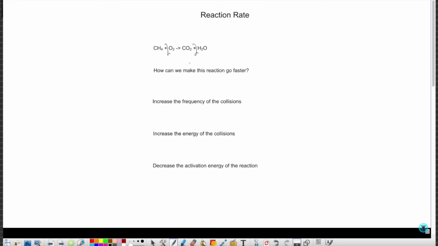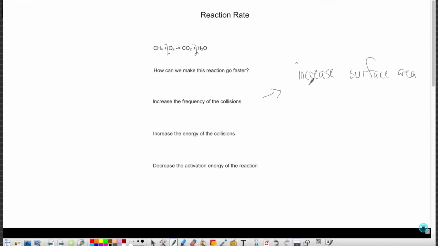Well, how do these things happen? Let's hit the first one first. Increase the frequency of collisions. Okay, well, if you have a solid reacting with something, you could increase the surface area. We talked about this in terms of speeding up the dissolving process.